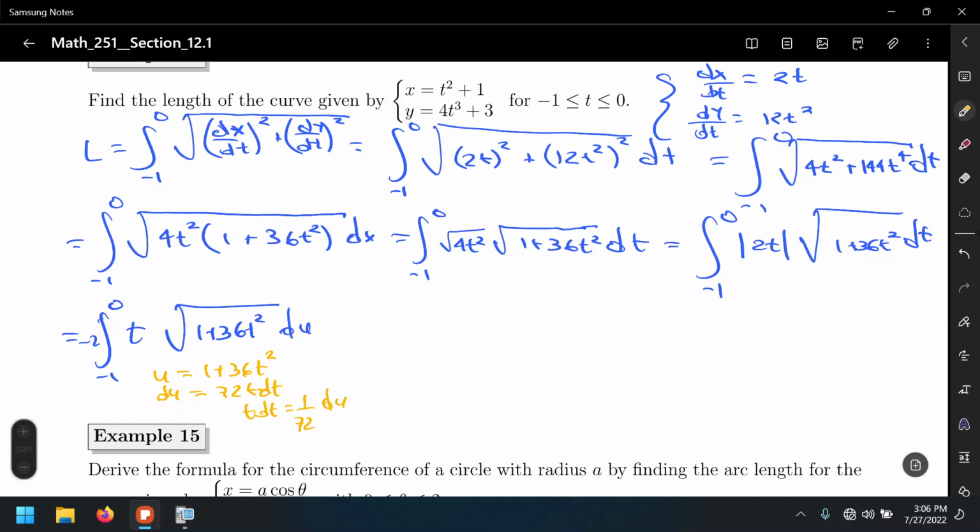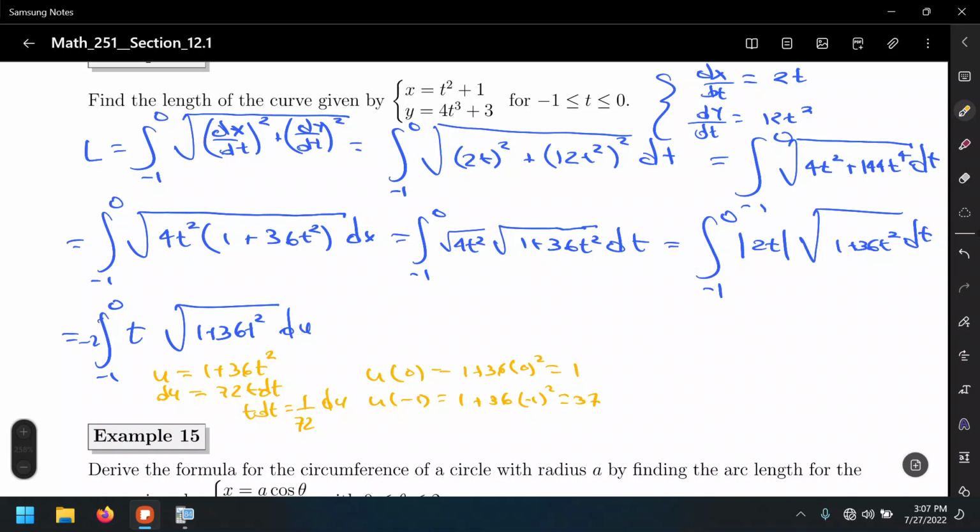And well, you might want to also change the limits of integration, u of 0 and u of 1, to simplify calculations. Technically that's the correct thing to do. So u of 0 is 1, and 1 plus 36 times -1 squared is 37.